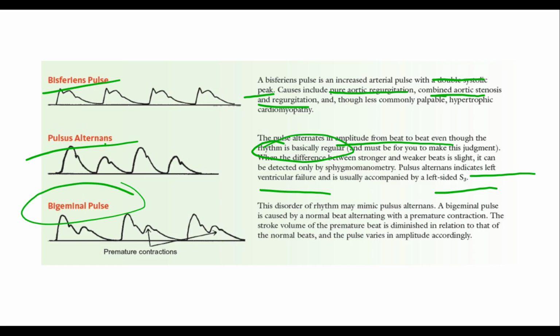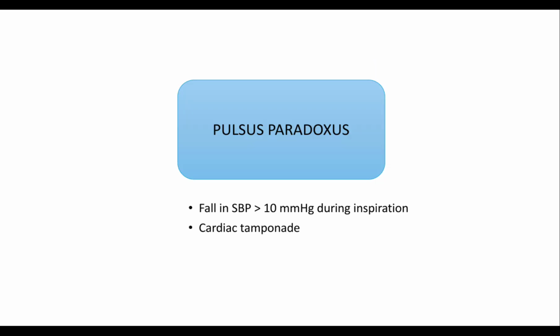Bigeminal pulse means a normal beat alternating with a premature contraction, so the rhythm is abnormal here. In pulsus alternans, the rhythm was normal, only the volume was alternating. So that is bigeminy and pulsus alternans.